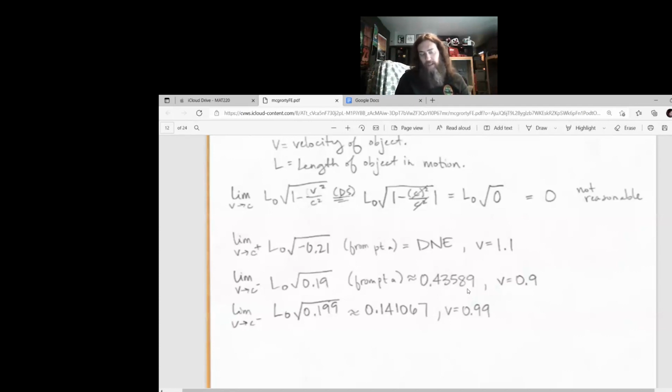And if I bring it even closer, if I let it be 0.99, we see that we're approaching 0. We're starting at close to half here, and then we're down to like 1/500ths of its original size as it approaches closer. So if we do exactly c, like I said, we get 0. It disappears from the perspective of the observer.